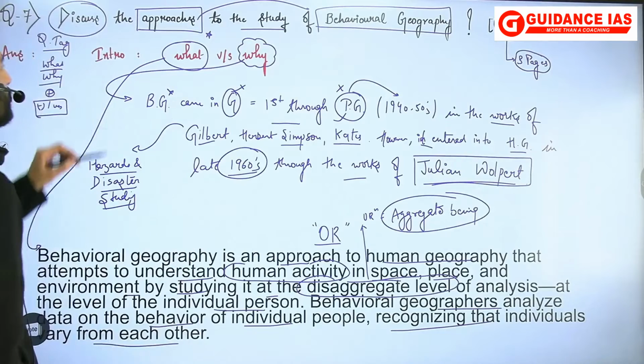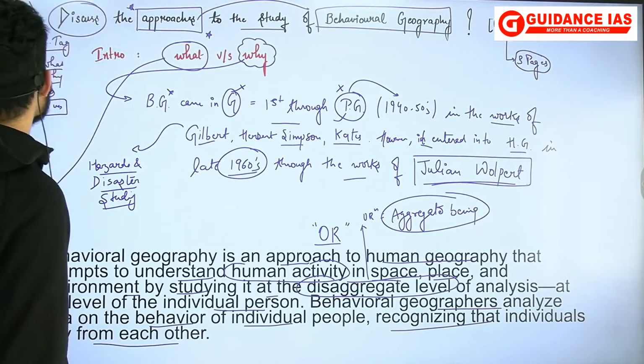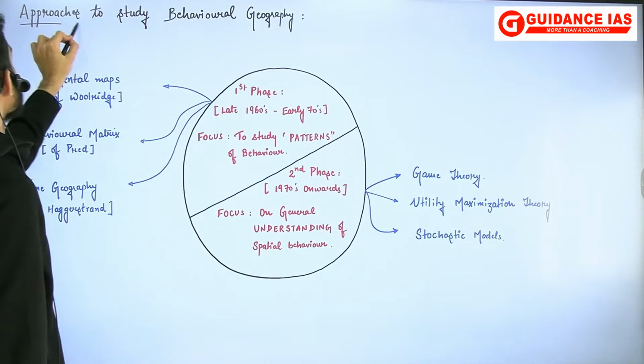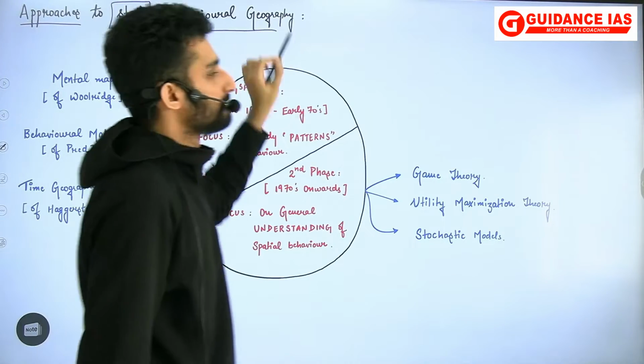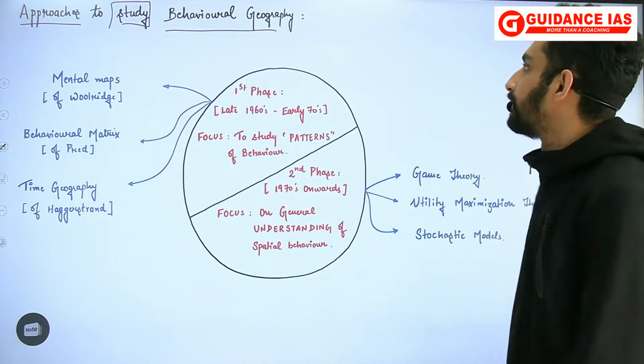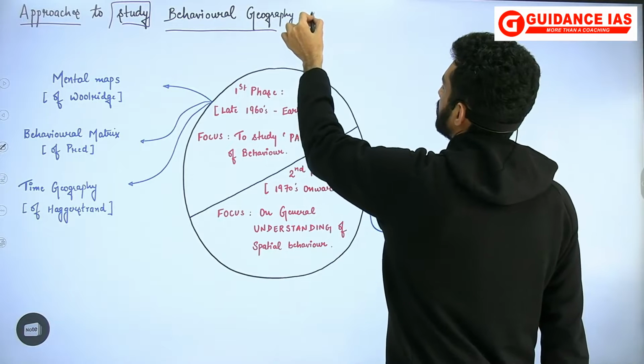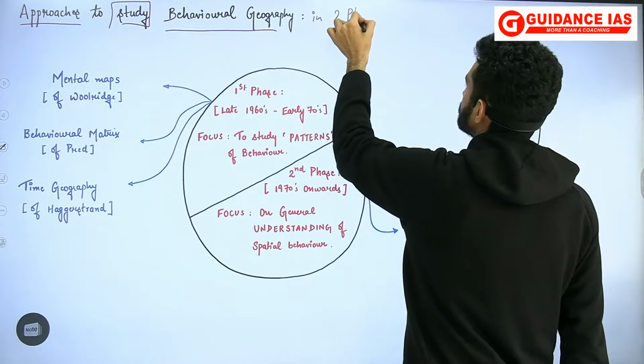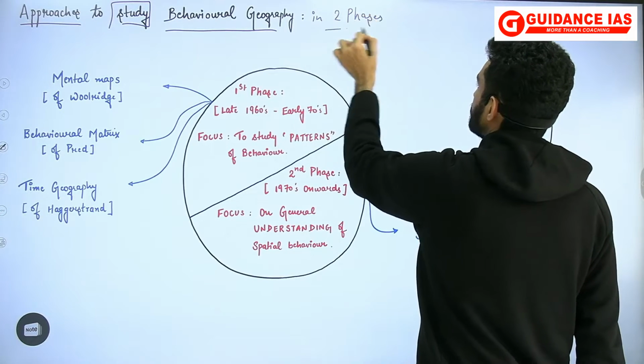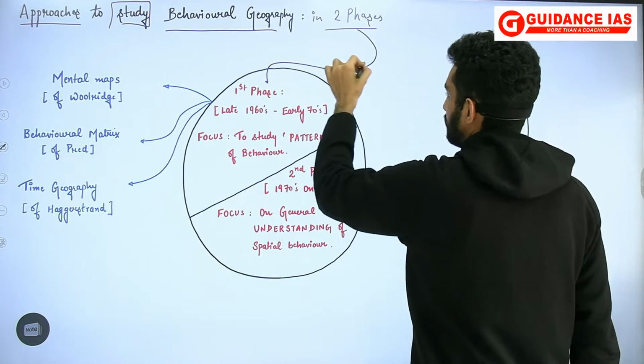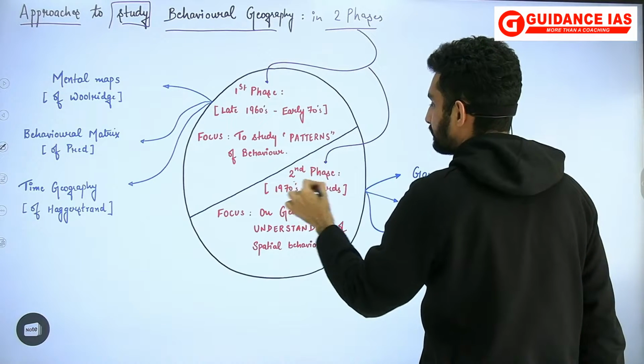Then moving ahead, we will focus straightforwardly on the aspect of approaches. So approaches to study behavioral geography actually evolved and developed in two phases. So we have the first phase here. This is a way to present your answer better.